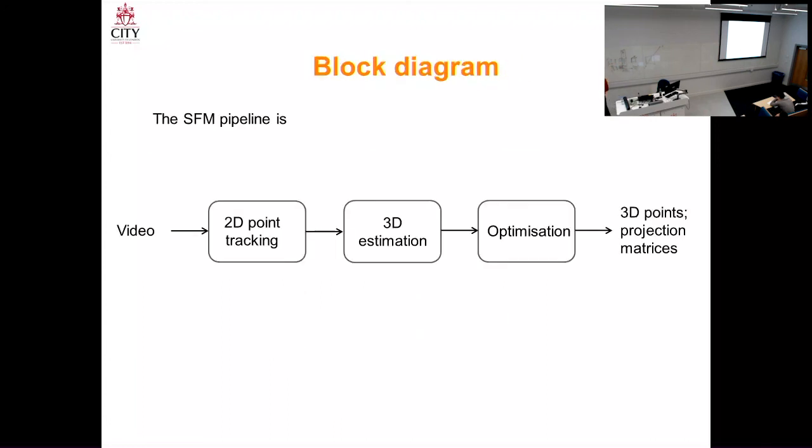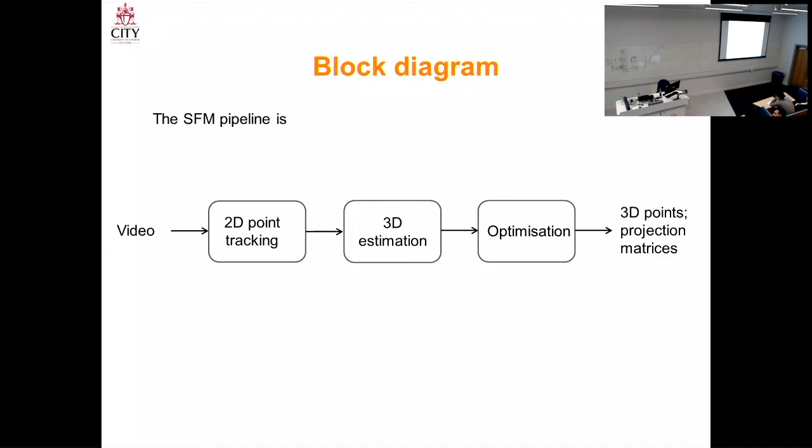In this environment, usually you have a video camera and you're just moving it around a static scene. That's the typical scenario. So the pipeline looks like this. You've got a video coming in, and the first thing you have to do is track points. You need to find some good points, like SURF, for example. Then you track those points through the video sequence.